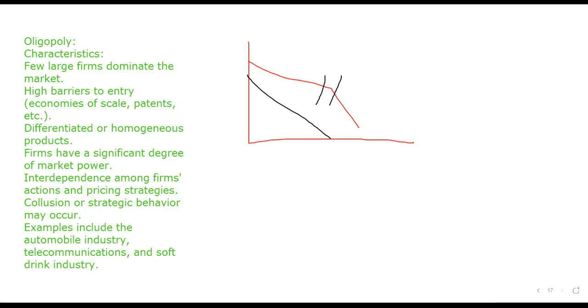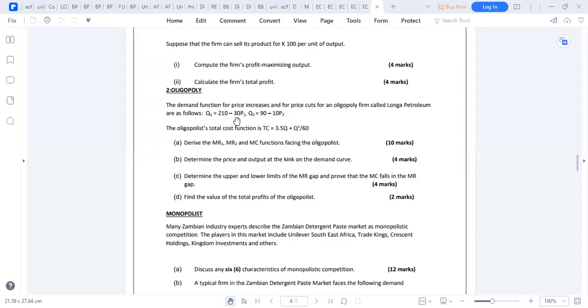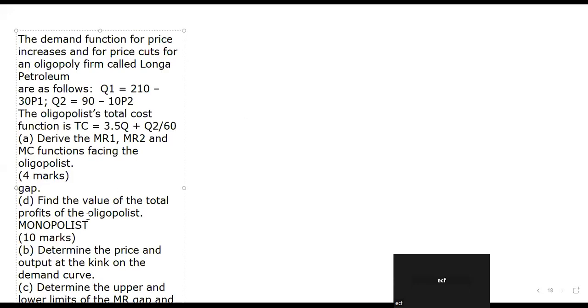So now here we go. We have a demand function in an oligopolistic market where we have a petroleum company that has two functions. Q is equal to 210 minus 30P and 90 minus 10P. So we want to answer this question as follows. Let me just name the question here. All right.